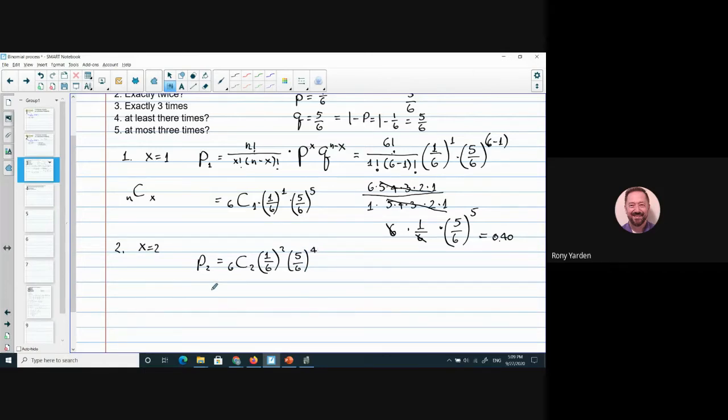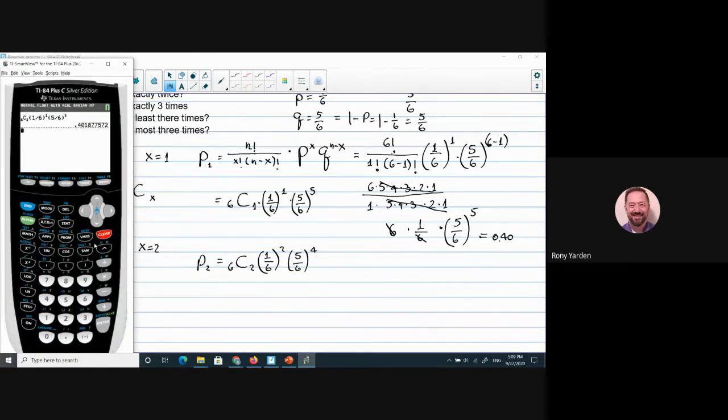Okay, all we have to do now is to use the calculator. I'm going to clear, and now 6, Math, Probability, number 3, and then 2.